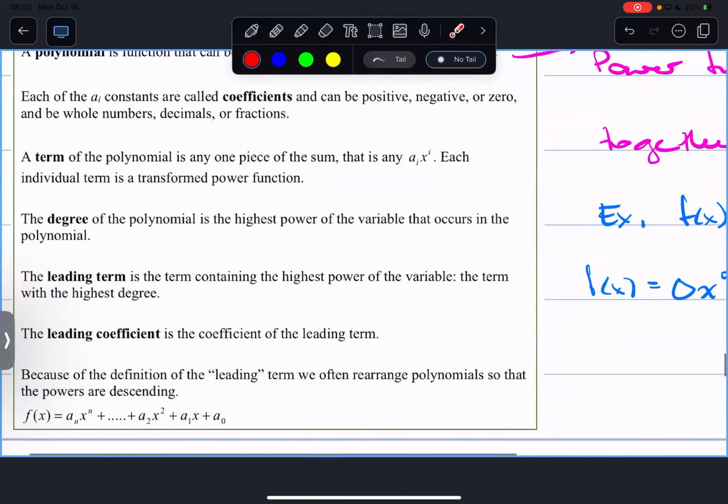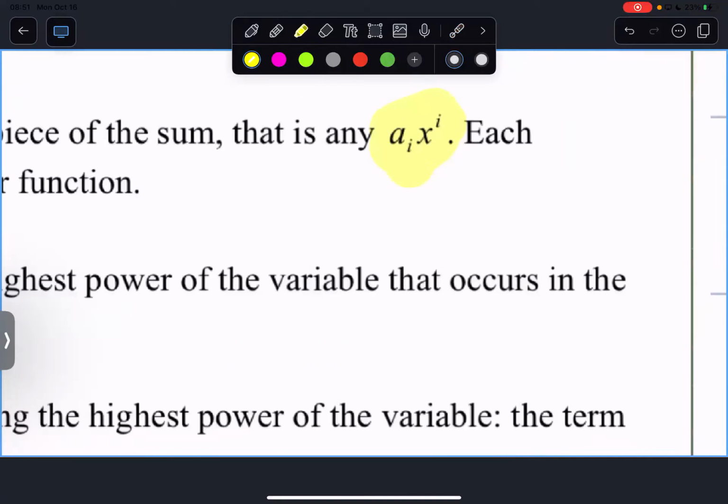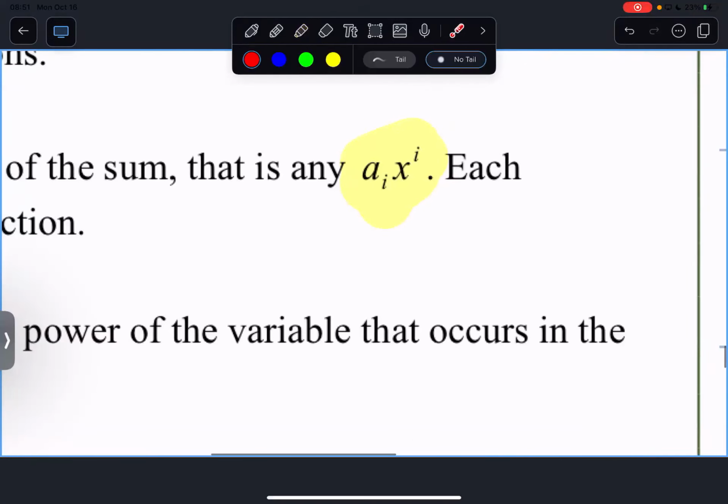And so any lump of a subscript i and x to the power of i, okay, we're going to use that subscript notation. This is just to denote that this a is linked to the power of this x. So a2 is linked to x to the power of 2, a3 is linked to x to the power of 3, and so on and so forth.